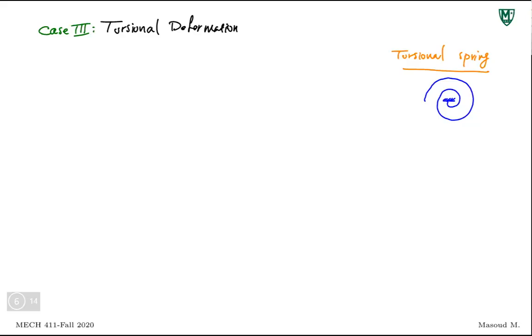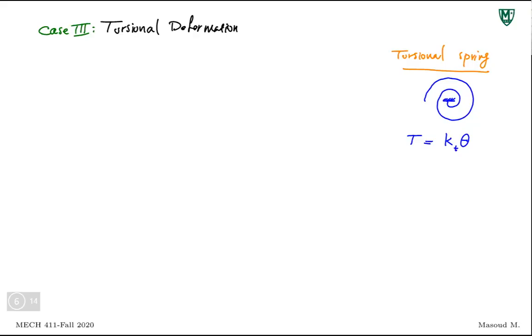So, torsional spring. The difference here is that instead of a relationship between force and linear deformation, you now have a relationship between torque and angular deformation. We usually show the stiffness for these springs with KT, standing for torsional stiffness.